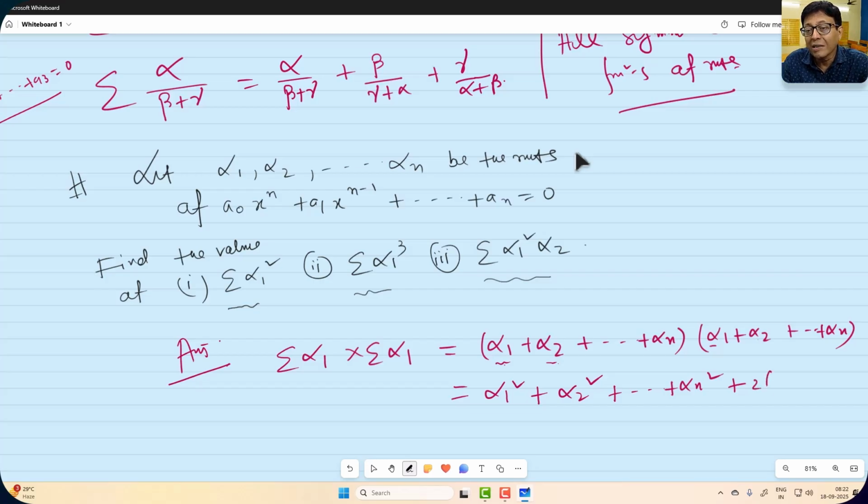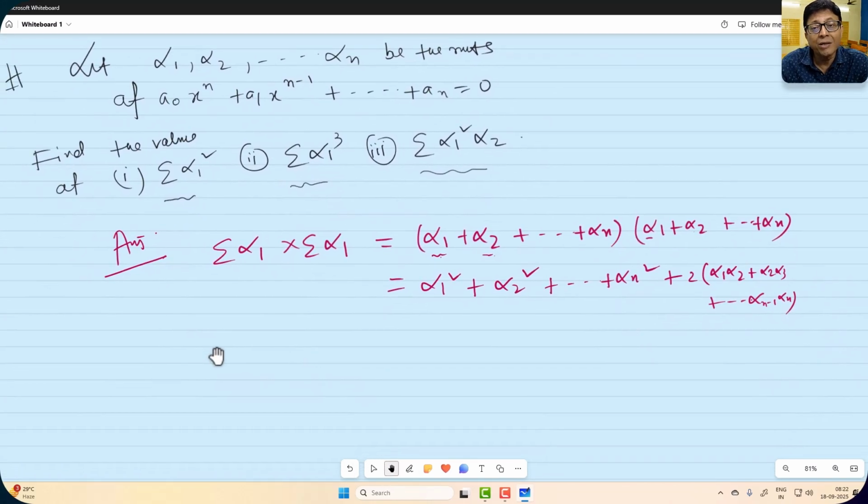So you can write this as alpha 1 alpha 2 plus alpha 2 alpha 3, and so on. I cannot write all the terms, I will be using sigma sign instead, up to alpha n minus 1 alpha n. Okay? So what is it going to be?